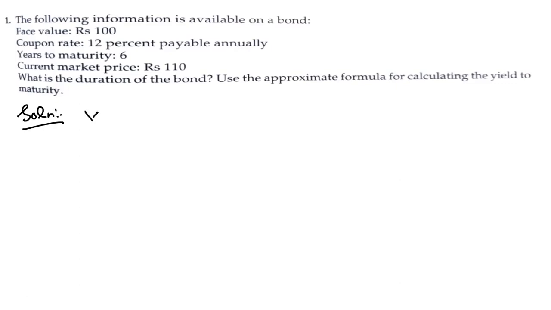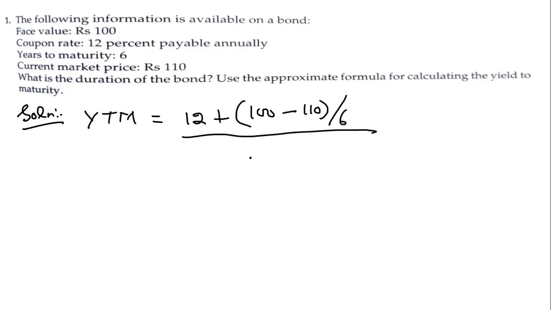So YTM is equal to C, that is 12, plus bracket the face value of the bond is 100 minus the current price which is trading at rupees 110, and the maturity is 6 years, divided by 0.4 into 100 plus 0.6 into 110.